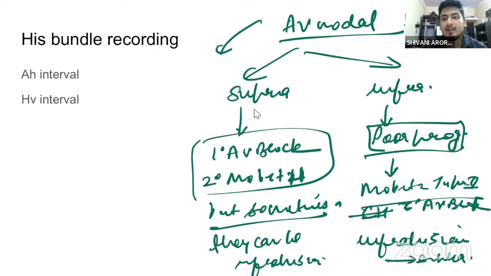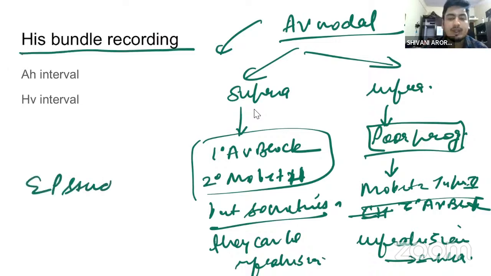So it is very crucial for us to know whether the block is infrahisian or suprahisian to decide on pacemaker insertion. For that, we use electrophysiological study to know whether the block is suprahisian or infrahisian, or we can also use His bundle recording or His bundle electrogram.